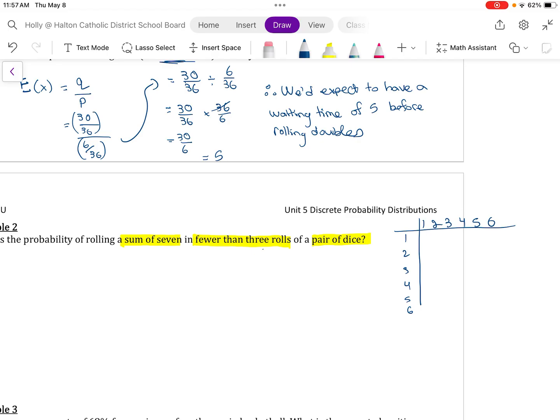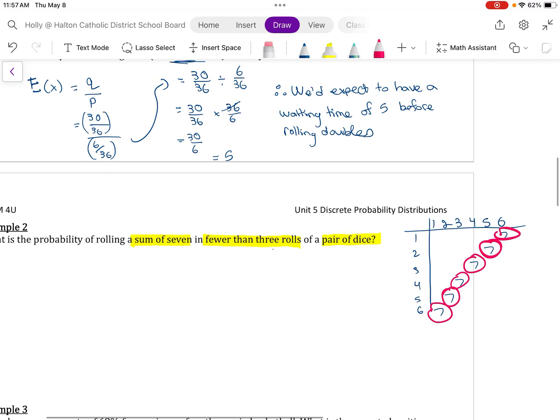I'm looking for a sum of 7, so I'm not going to fill in this whole chart here. I basically want to fill in where I have 7s, because that's really what I care about here. You should have access to the chart. So 1, 2, 3, 4, 5, 6.